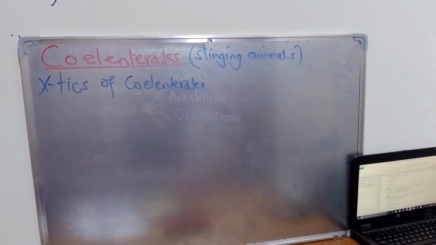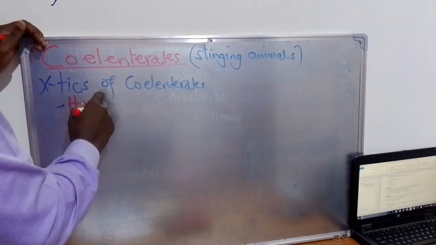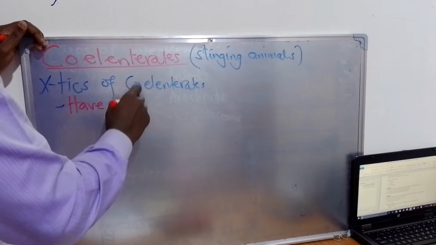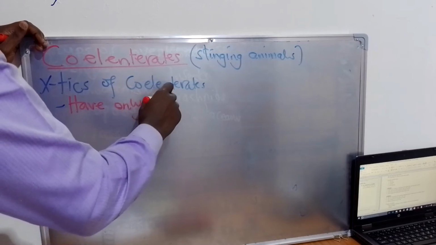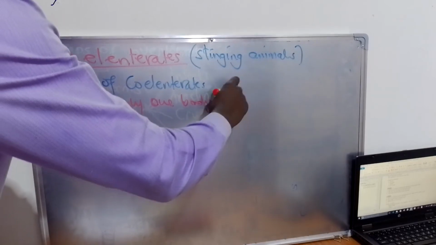Number 1 is that coelenterates have only one body opening.